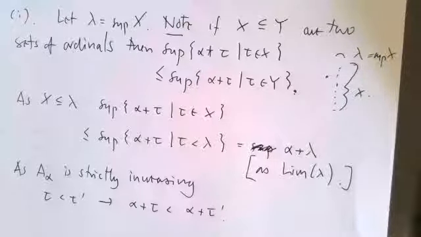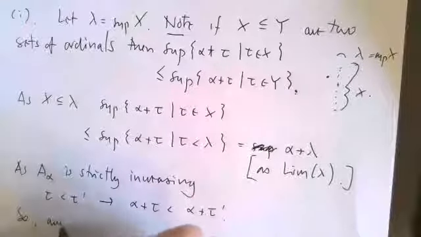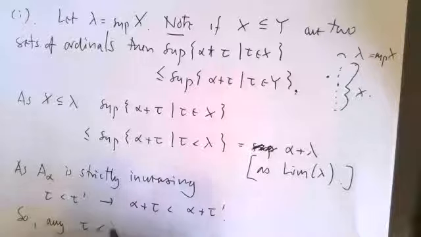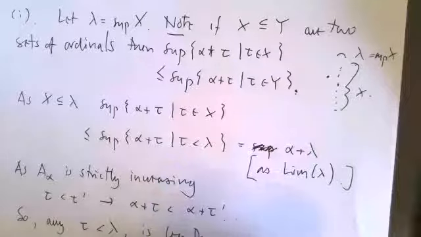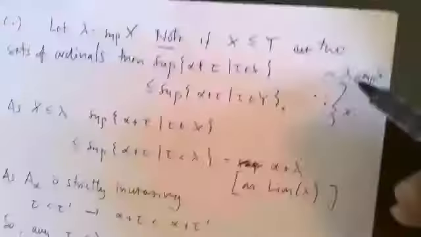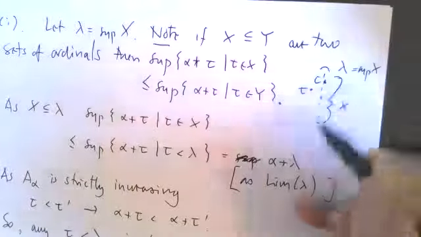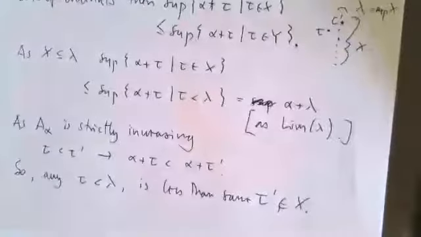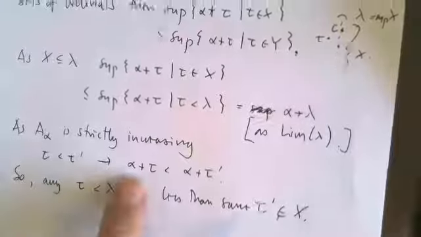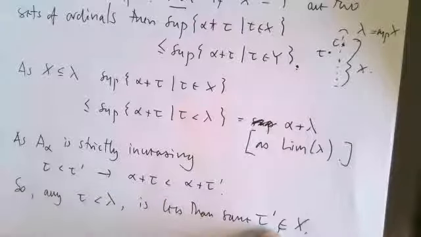I want to say that any tau less than lambda is less than some tau prime which is in X. Lambda is the supremum of the things in X. Pick any tau here, there's a tau prime in X that's greater than or equal to it. So any alpha plus tau, from a tau less than lambda, is less than an alpha plus tau prime from a tau prime in X.